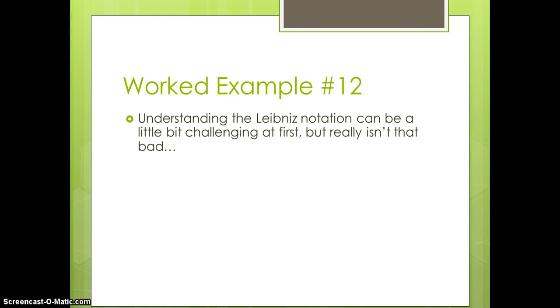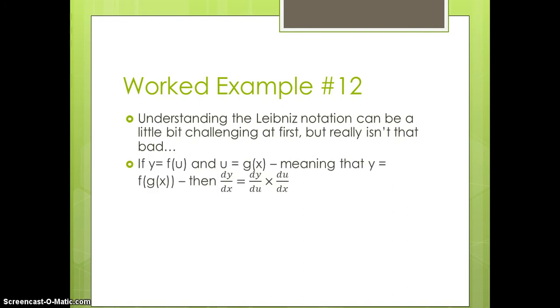So, looking back at the Leibniz notation, it looks like it's a little bit challenging at first, that dy dx and dy du and all that. But it really isn't that bad. If y is equal to f of u and u is equal to g of x, meaning that y is f of g of x, then dy dx is equal to dy du times du dx.